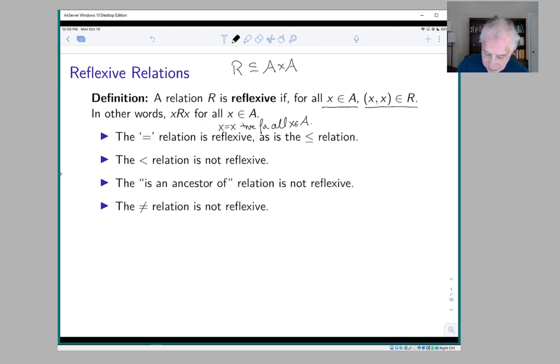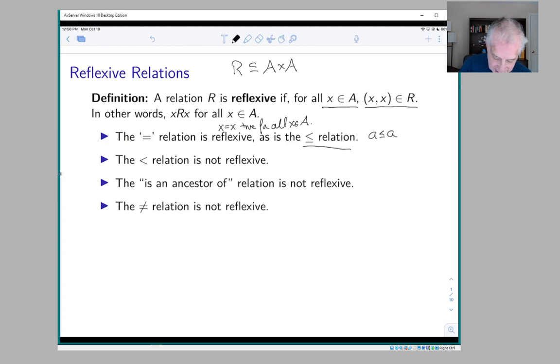But it's not the only reflexive relation. I mean, we could take less than or equals. And that's reflexive because A is less than or equal to A. Now, that's covered by the equals part. This is true if A is less than A or A is equal to A, and A is equal to A. So these are examples of relations that are reflexive.